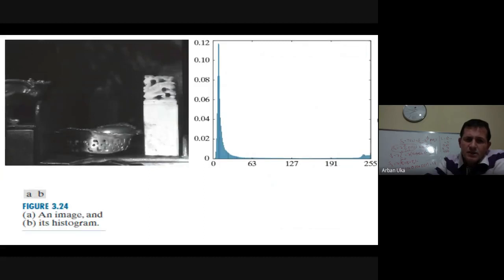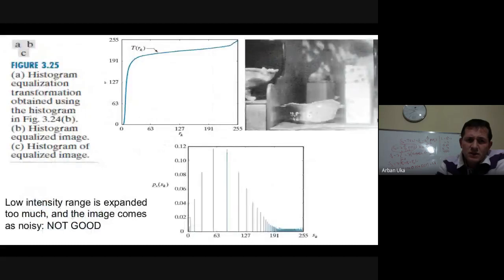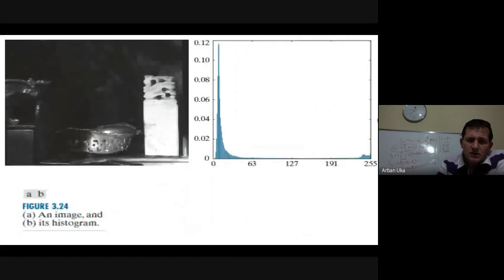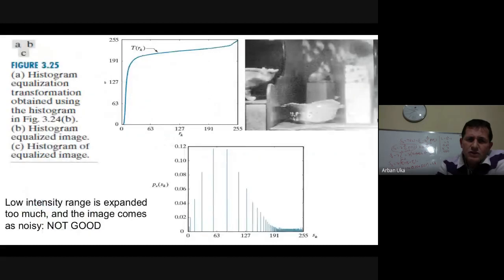Now, this is another example. This image is a little difficult to deal with because it has several dark pixels, but also a region which is super bright and another region which is super dark, and there is a need to enhance this one. In order to do this, we can use the transformation shown in this graph.